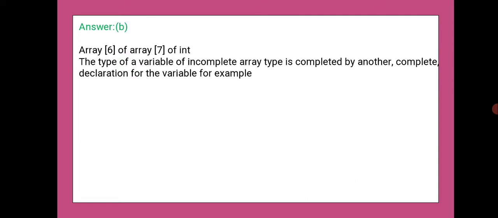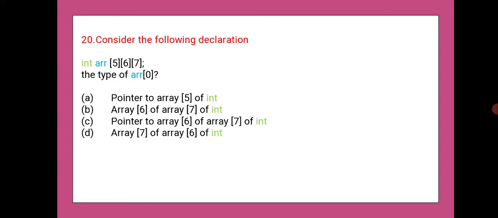Obviously, now according to this question, the answer is B, array of 6 of array 7 of int.